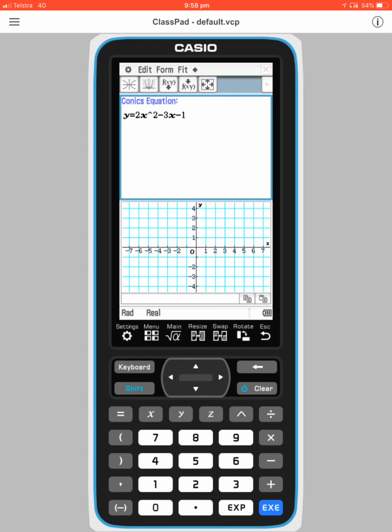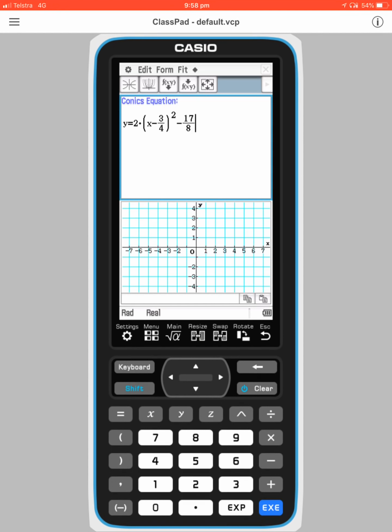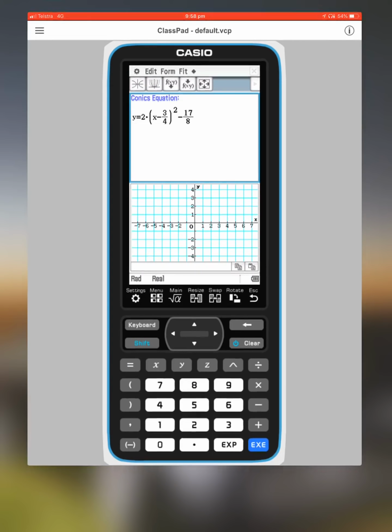Now, that's in quadratic form. Highlight it. Then click on this change to f of xy. And then we want it to be in this form. That's turning point form. So click OK. And it magically does it for us. That's kind of a way to cheat.